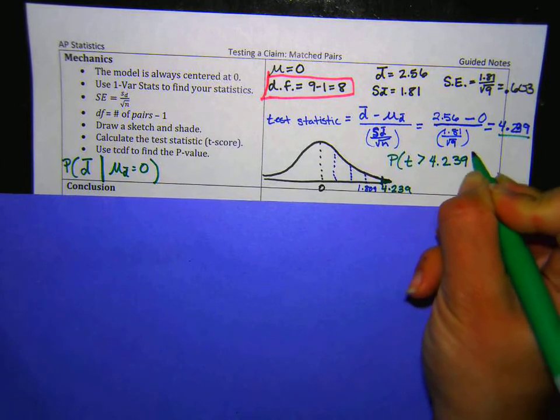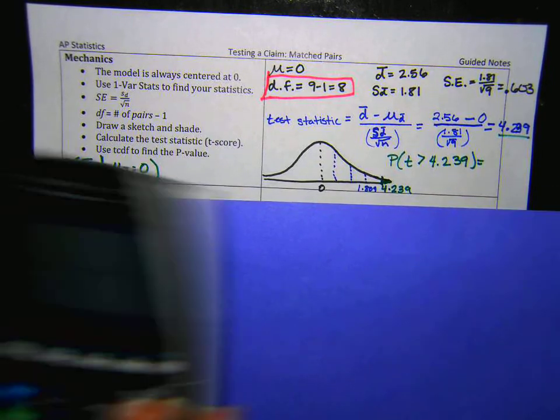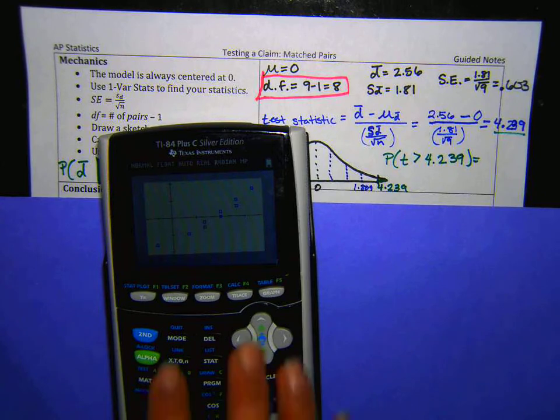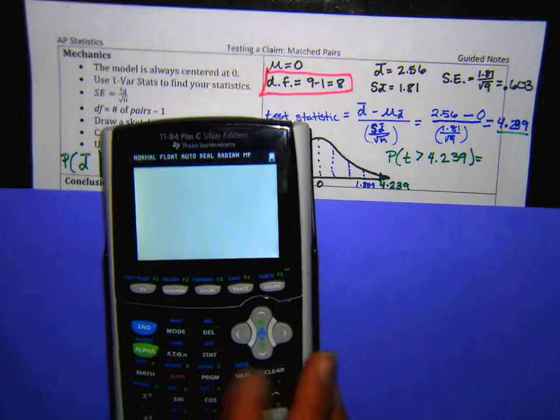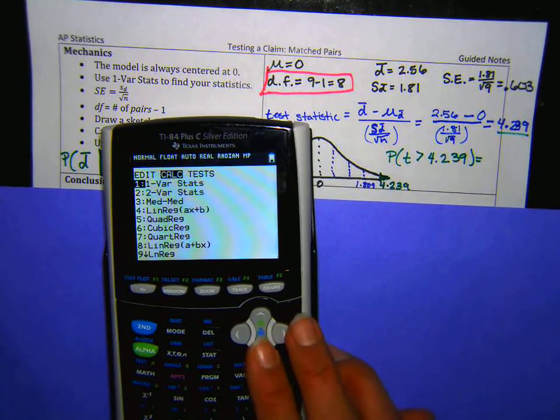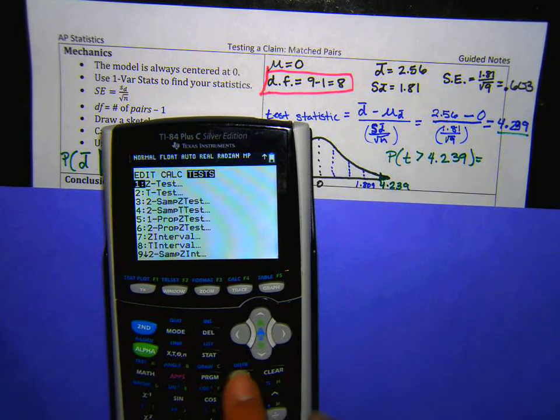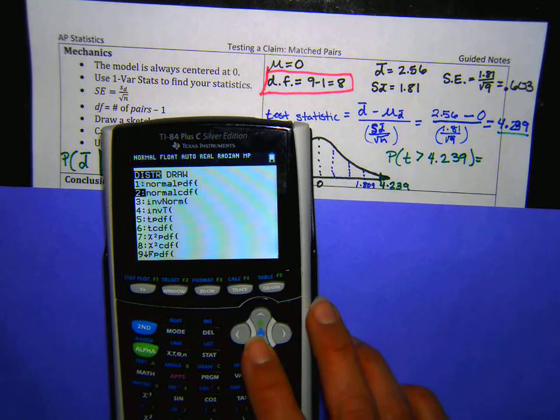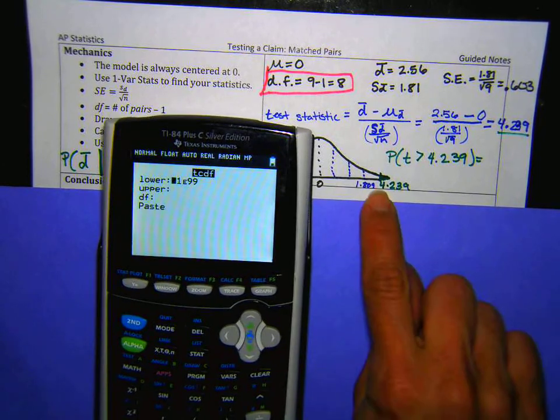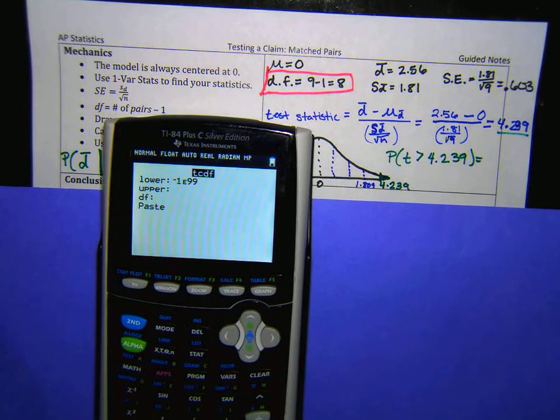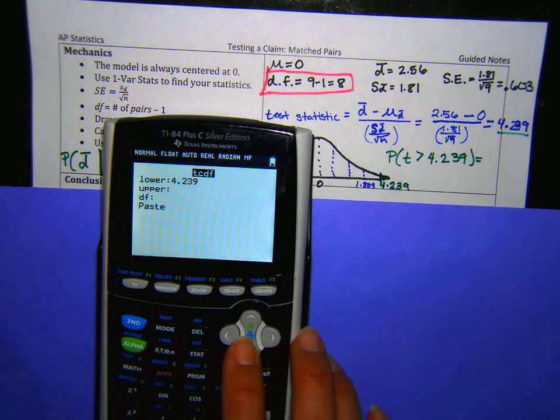I'm going to show you in the calculator just to remind you that if you go to stat, second VARS, we're going to be doing tcdf. My lower bound is 4.239. My upper bound is infinity.